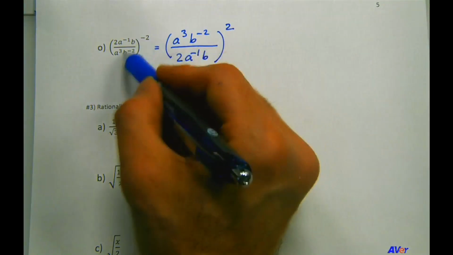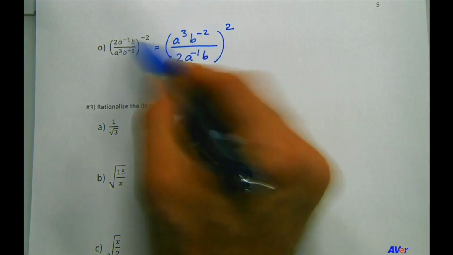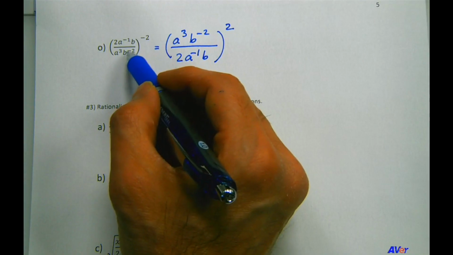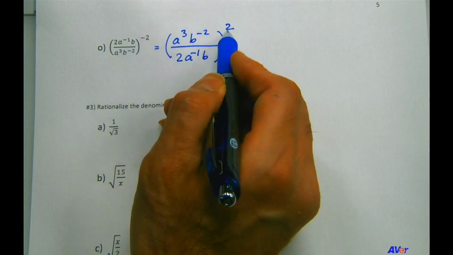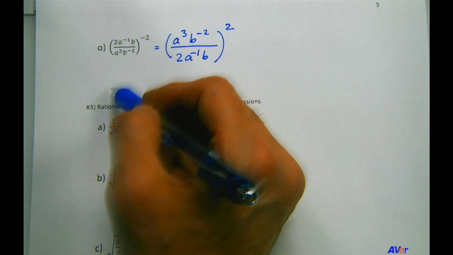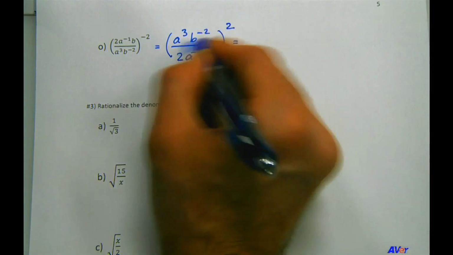Notice the only thing I did was flip things. I didn't mess with powers here. The powers stayed what they were, and they should, but the outside power should become positive as you flip things on the inside. Now I'm going to distribute this positive power to terms on the inside.